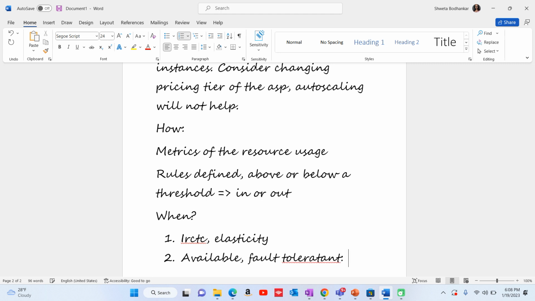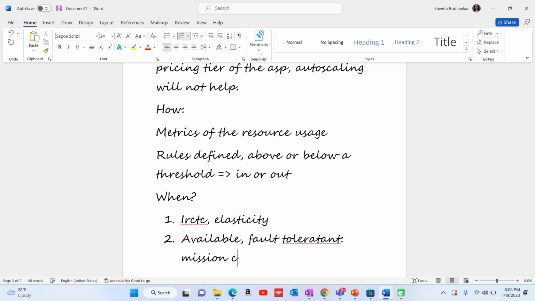Consider that you're doing a mission critical application, especially in this cutting edge competitive world. If a customer is coming to an Amazon website, it's not necessarily mission critical, but business critical would be the right word.